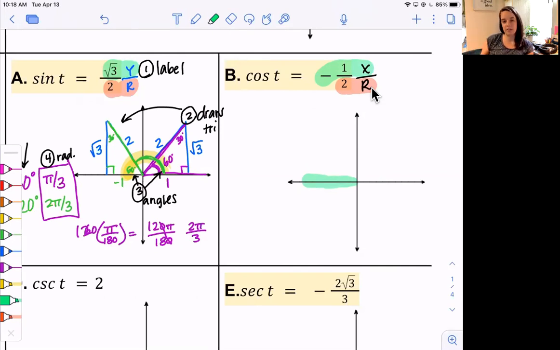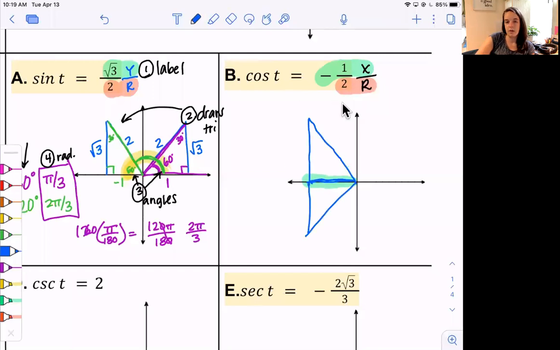What quadrants allow my x to be negative? Absolutely, 2 and 3. Good job, Kiara. Good job, Jimmy. So here I have x is negative. I have one possibility for here and one possibility for here.